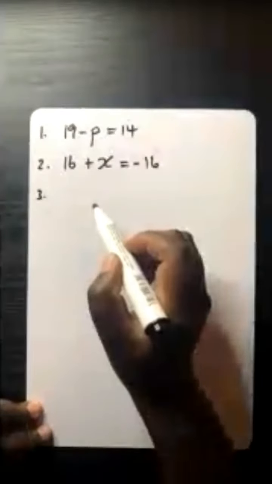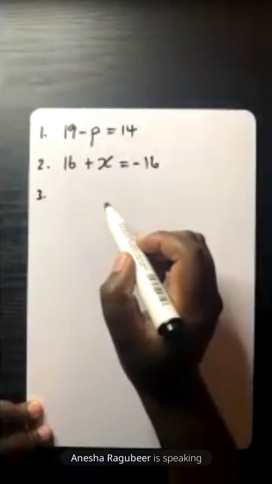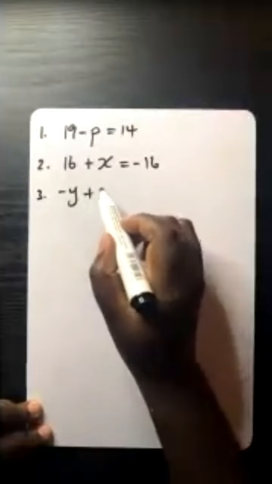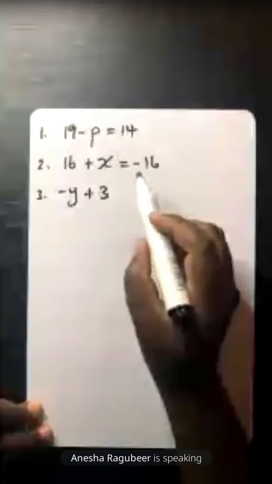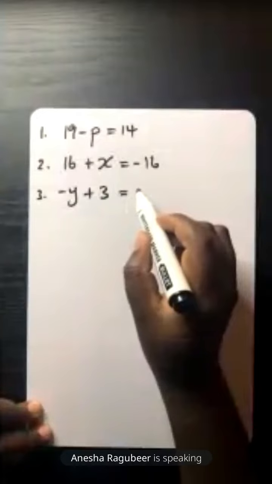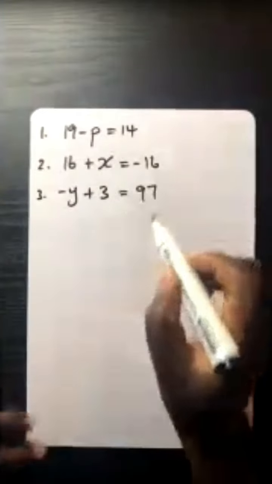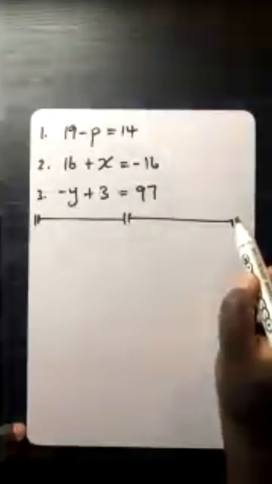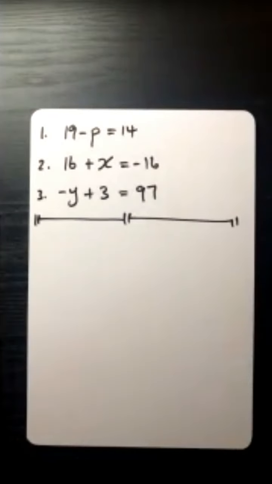And then the last one was negative y plus 3 equals 97. Okay, so I'm just going to be quick on these three equations.